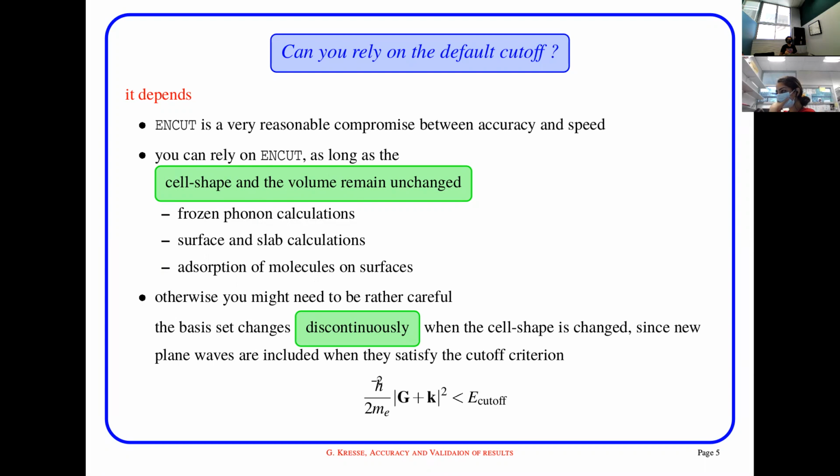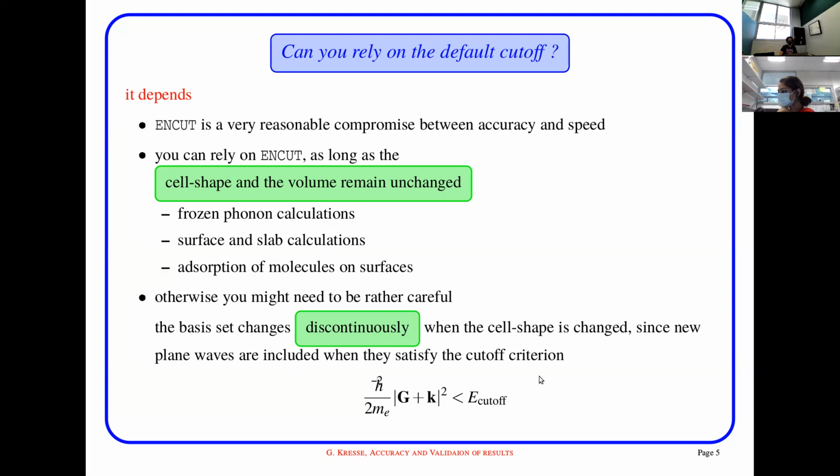If you remember, when we were optimizing the bulk, the way to optimize it automatically is to let VASP decide the best cell shape and volume, changing the lattice vectors so that you can have a bulk with larger or smaller lattice vectors. In case you do such a simulation, you need to change the energy cutoff because you can have a mistake.